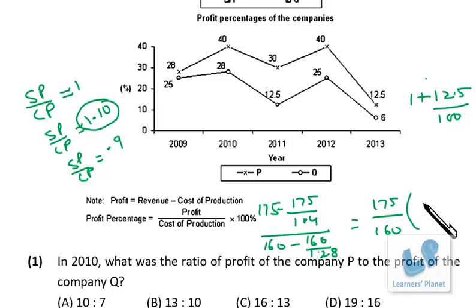So 10 and 4 7, into the denominator figure, that is 128 by 140.